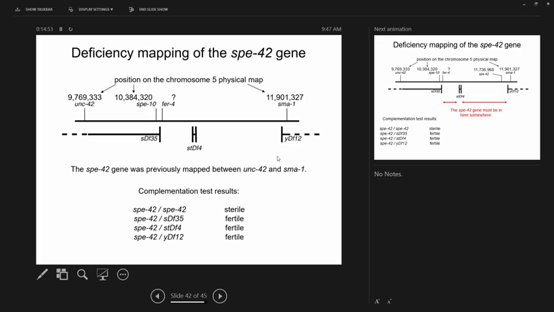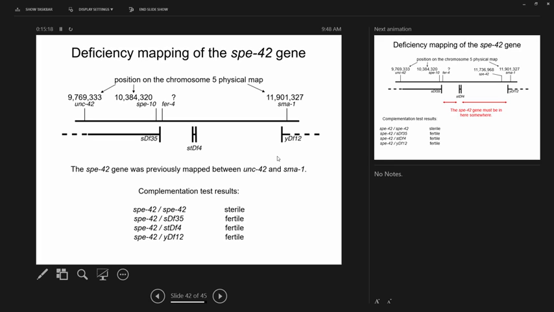The numbers above them are the physical map positions, in number of base pairs. This one's at 9.7 million and this is 11.9 million. I had mapped my new mutant called SPE42 between UNC42 and this other one called SMA1.